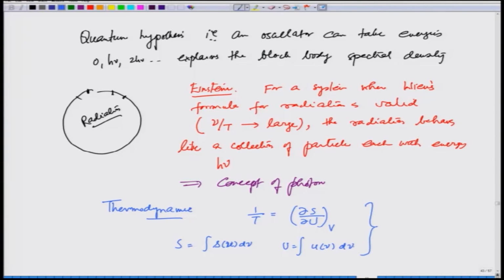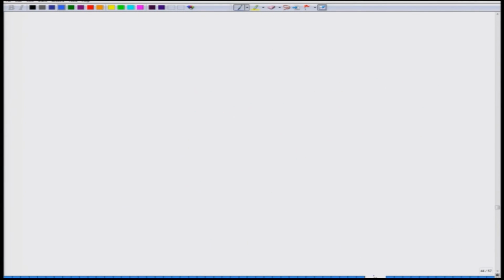And without proof, I am now going to claim that 1 over T is also equal to d S nu over d u nu at constant volume. So, whatever the spectral density of the entropy is and of the internal energy is, their partial derivative gives you 1 over T. So, we have 1 over T equals d S nu over d u nu.